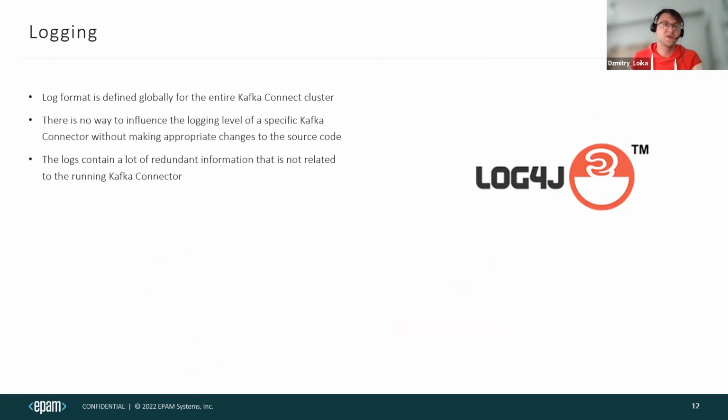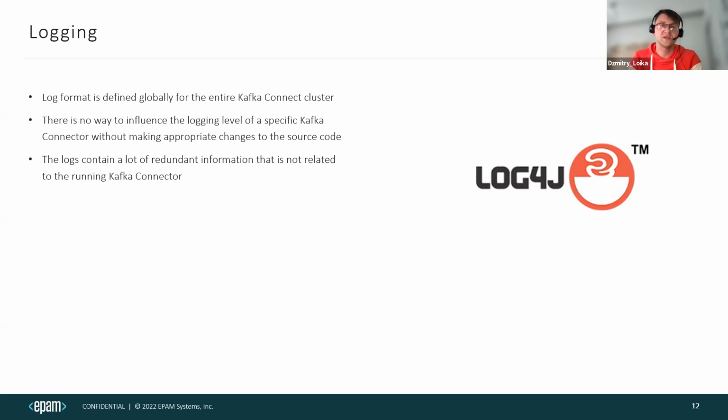About logging. Here we have the same situation as monitoring. Log format is defined globally for the entire Kafka Connect cluster. That means if you need a different log format for different connectors, it's not possible.